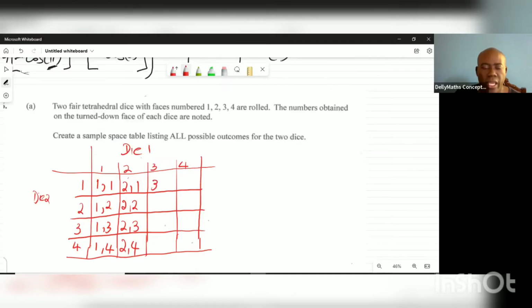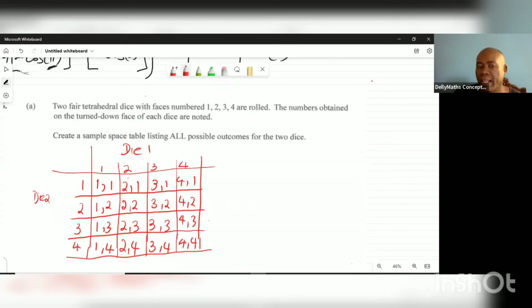Number 3 from die 1 could come with number 1, 2, 3, or 4 from die 2, and lastly, 4 could come with 1, 2, 3, and 4. Those are the 16 possibilities that can occur.